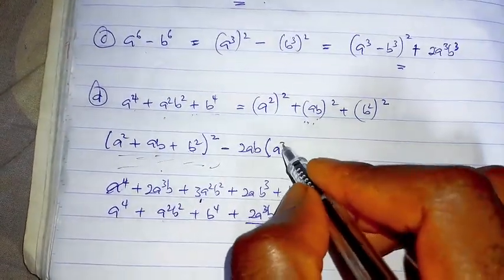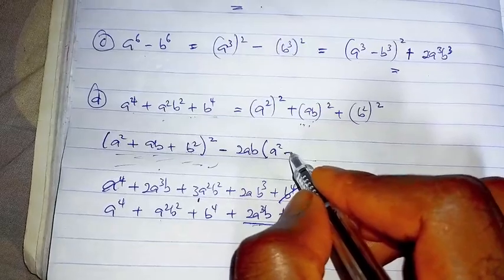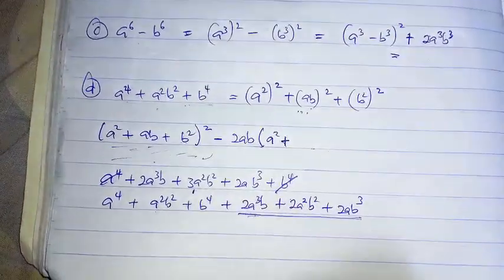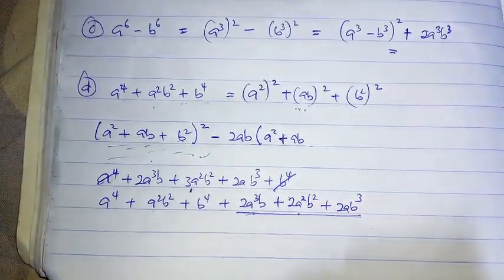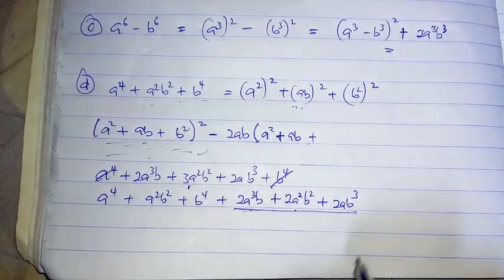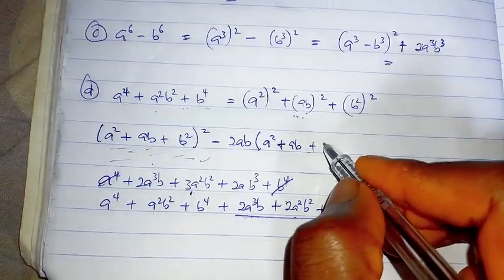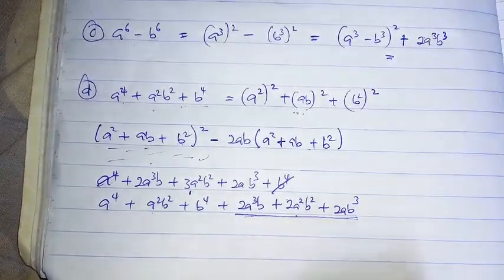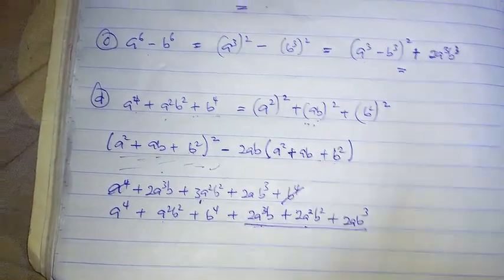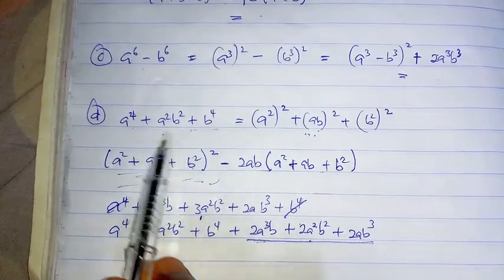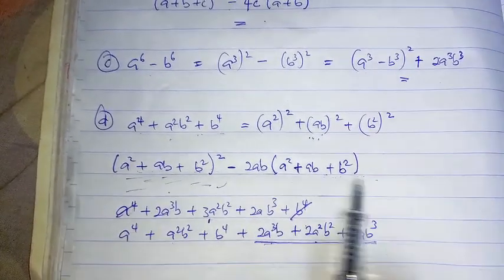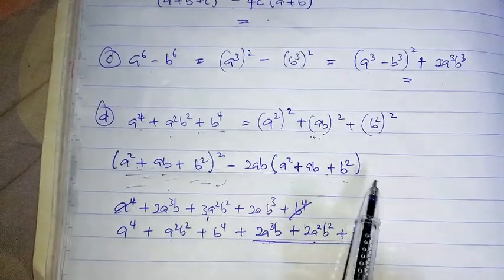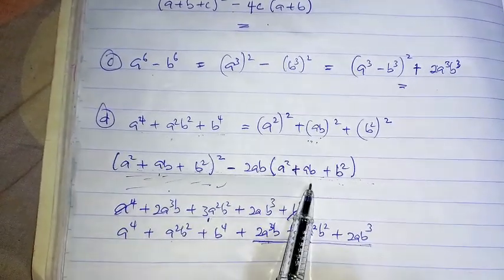A squared plus ab, then plus this is what? B squared. Okay, so as simple as that. So it means the factored form of this expression is the same thing as what? Is the same thing as this. So if you expand this and subtract this, you must get this back.